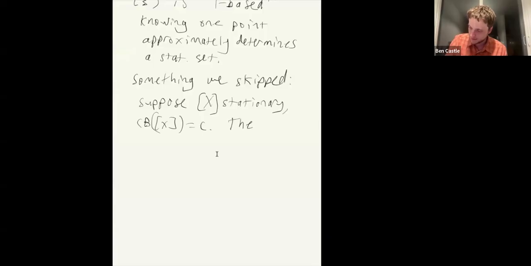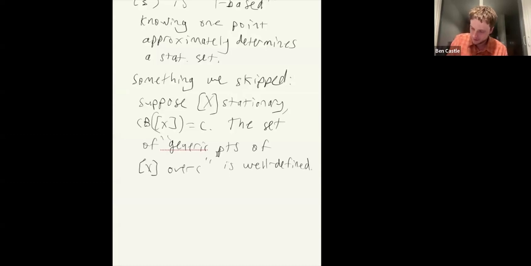Then the set of generic points of the class over C is well defined and determines a complete type over C. In order for that to make sense, you should first understand why it doesn't initially look like it makes sense.